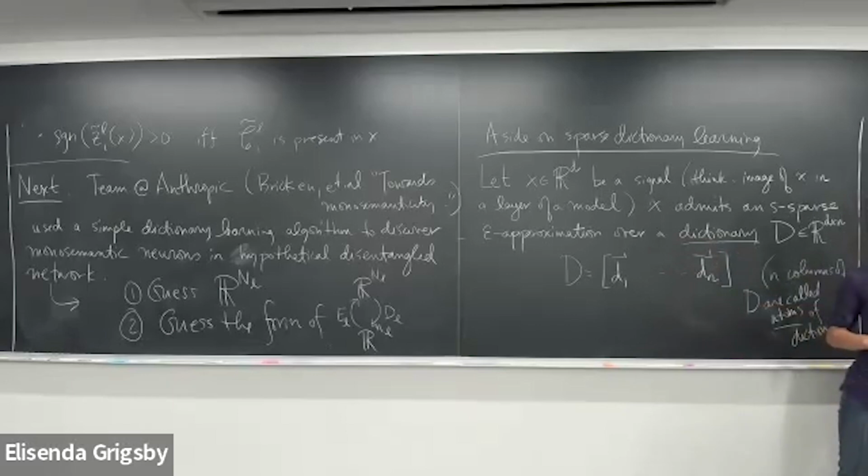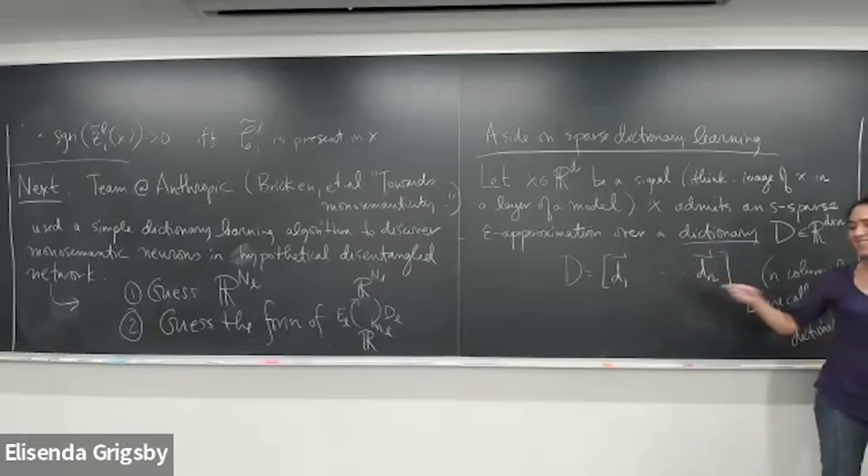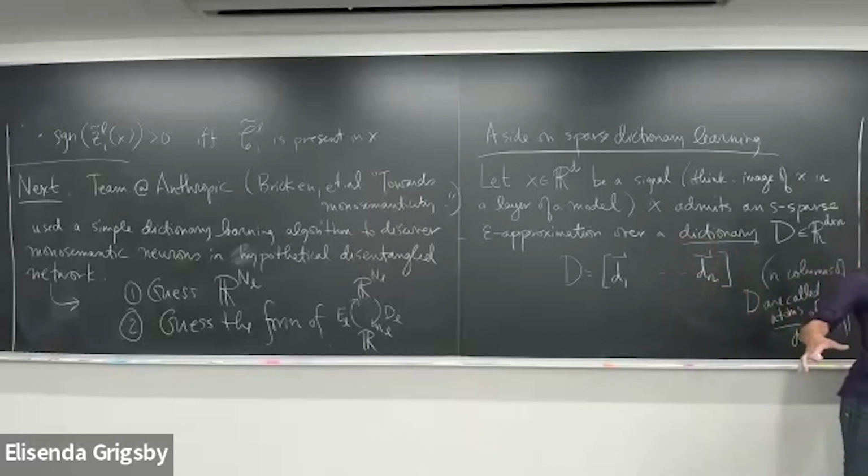Right. So this set is defining a bunch of different lower dimensional subspaces of this space. And what you want for an S-sparse representation of X is that X is epsilon close to one of those S-dimensional subspaces.